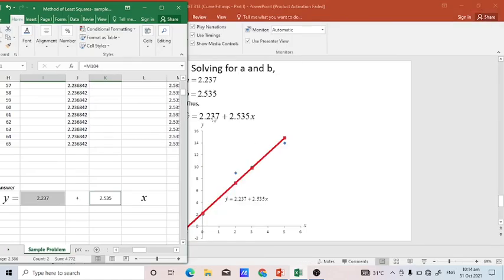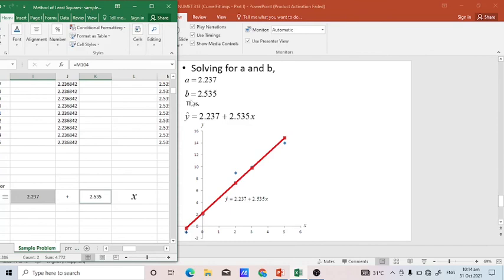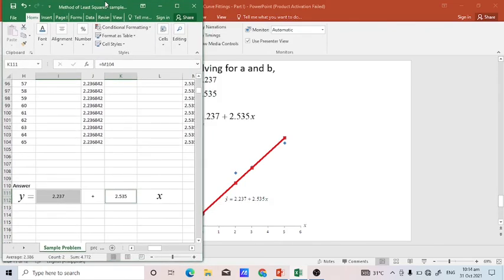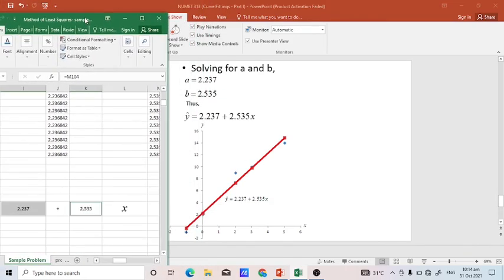So, 2.237 plus 2.535x. Ayun. Yun ang sagot. Okay? Tapos, pwedeng i-graph. No? Pero di naman pinapakuha yung graph. Pero pwede nyo i-graph. No? Using Excel.